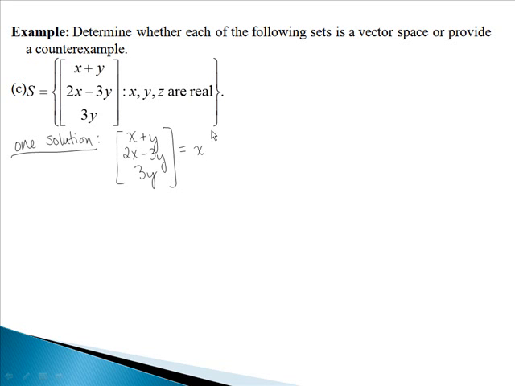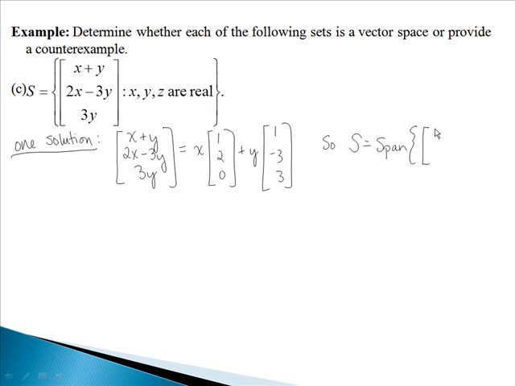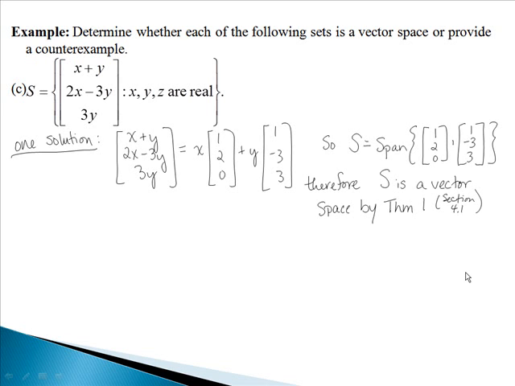So I'm going to pull out x, and I'll have 1, 2, 0, plus y times 1, negative 3, 3. So then my set S is equal to the span of those two vectors, since it's a linear combination of them. So therefore S is a vector space by Theorem 1 from section 4.1.